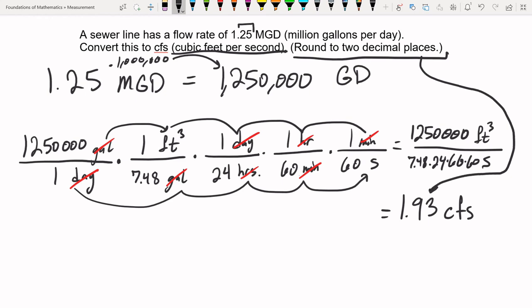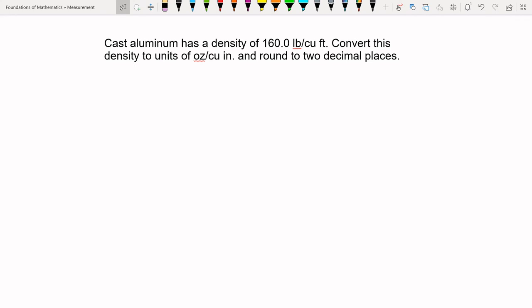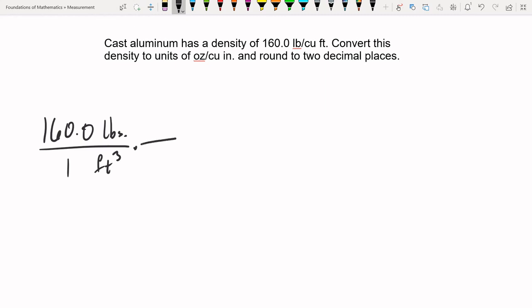All right, next one. With cast aluminum, we're changing the density from 160.0 pounds per cubic foot, converting this into ounces per cubic inch, and then we're going to round to 2 decimal places. So first off, let's convert between pounds and ounces. 1 pound is 16 ounces.